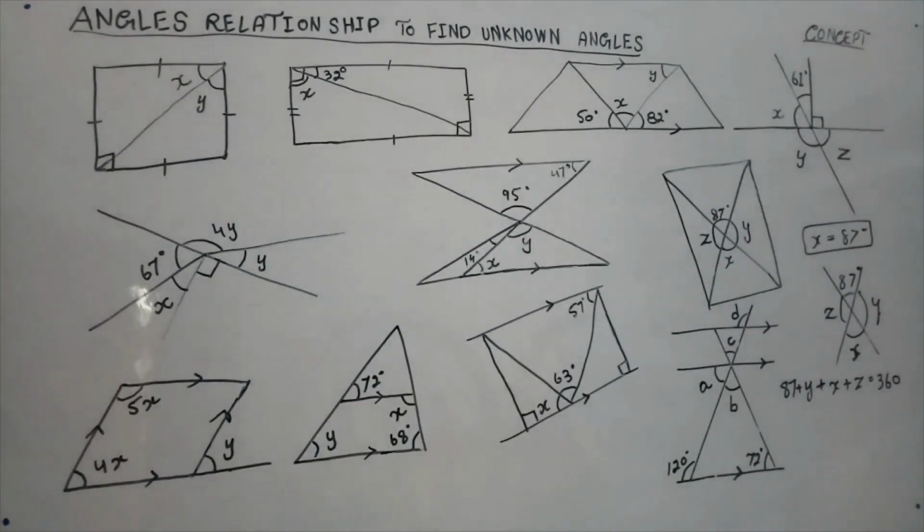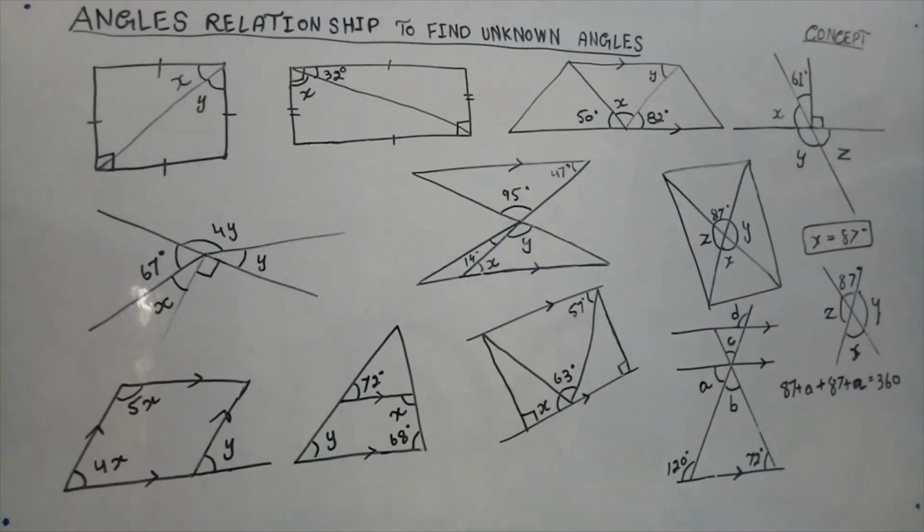So we know the value of x, which is 87 degrees, so I can write 87 instead of x, and I said that the value of y and z is equal to a, because these both are the same. So I can write a instead of these two.